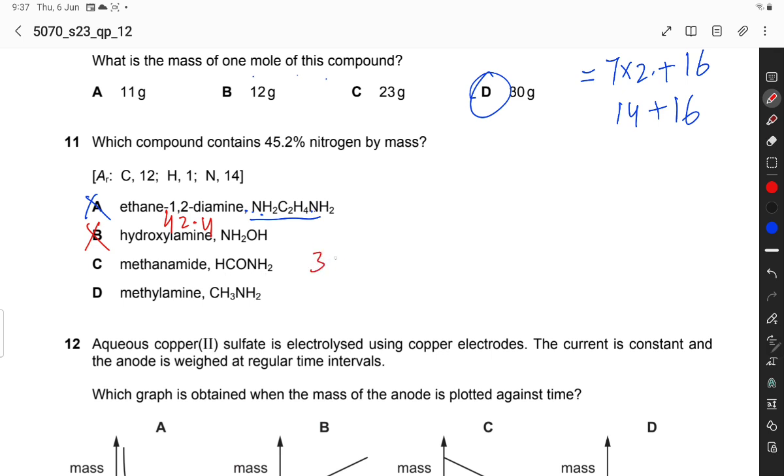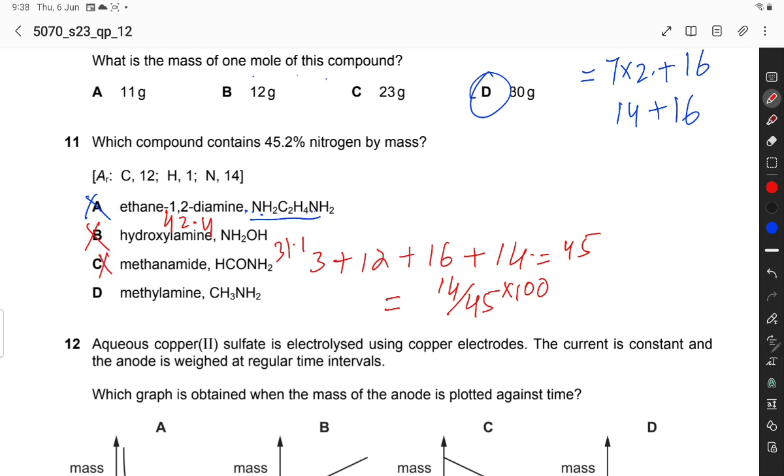So next is hydrogen 3, 1 carbon, 1 oxygen, 1 nitrogen. 3 plus 12 plus 16 plus 14 is equal to 45, and 14 divided by 45 into 100 is equal to 31.1.